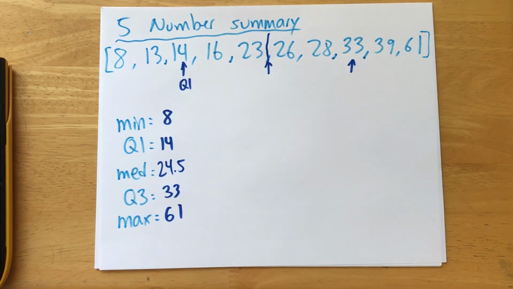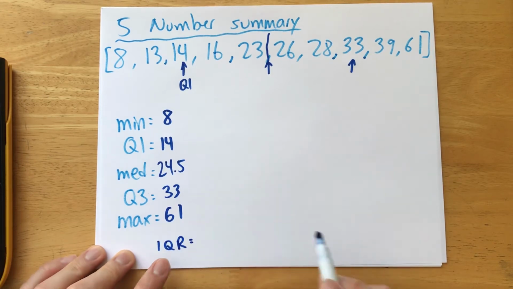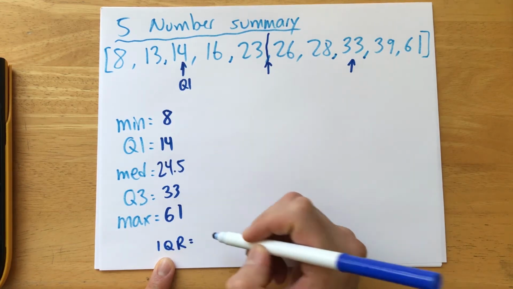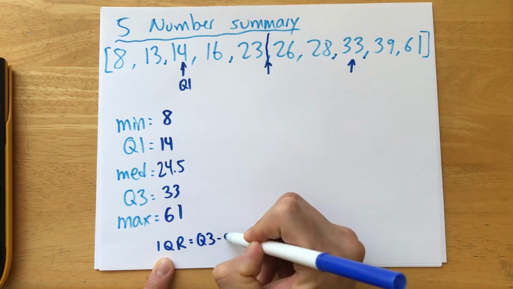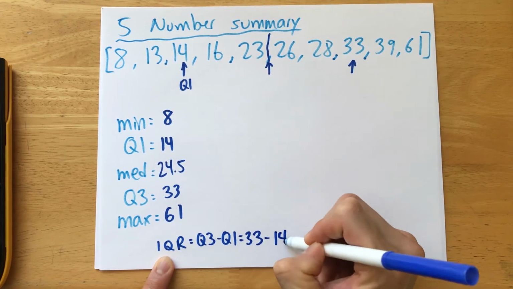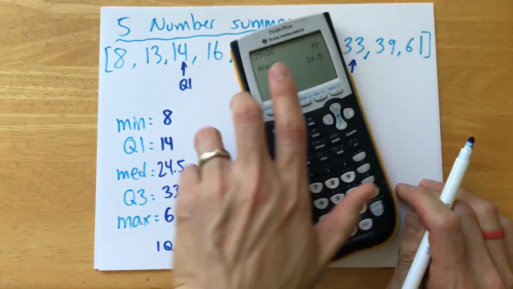And with this, remember, you can also calculate your IQR. IQR is not part of the 5-number summary, but a lot of times you will need the IQR. So IQR is just Q3 minus Q1. Okay, that's 19.